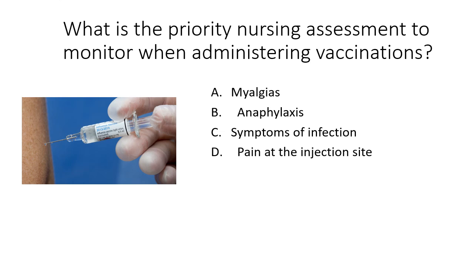So that is a good priority, something to assess with regard to throat closing, swelling, people having difficulty breathing. Symptoms of infection is definitely something that you should assess for, and pain at injection site is not a priority.